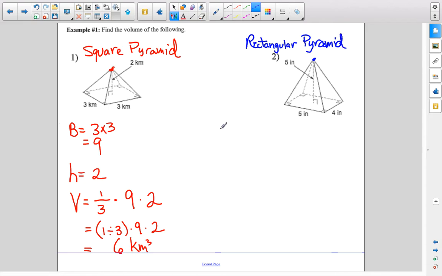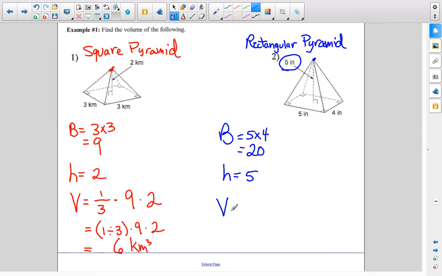So to find the area of our base, we need the area of the rectangle. And since it's a rectangle, length times width will give us 20. Our height is our perpendicular height, and they're giving it to us right here. It says that it's 5 inches.